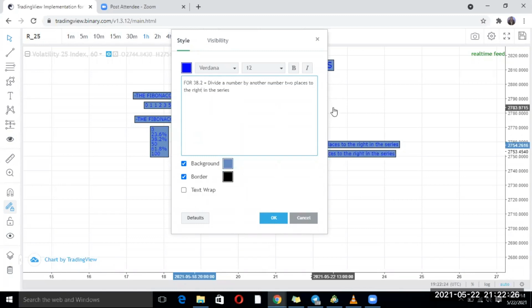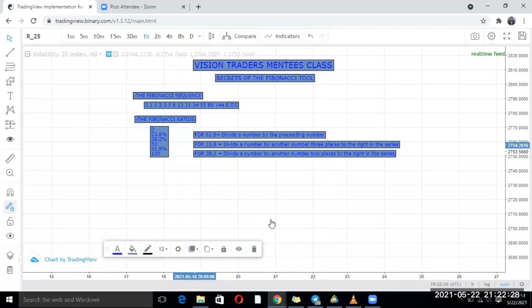All right, guys. So picking 3 now with 8, 3 by 8 will give us what? 0.375, which is close to 38 in percentage.